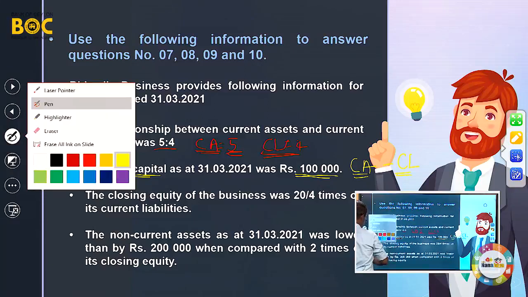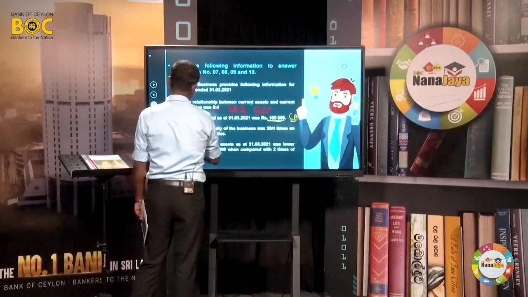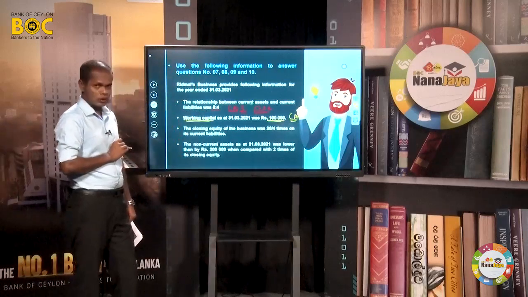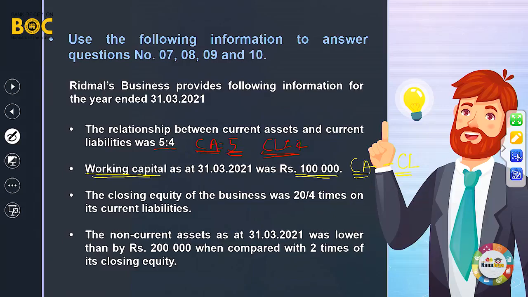Next point, the closing equity of the business was 20/4 times current liabilities.